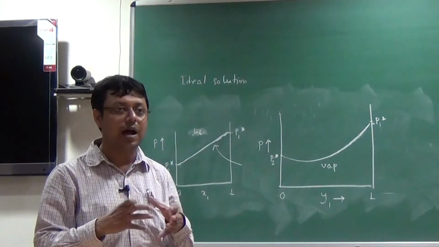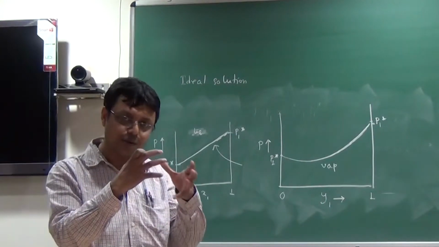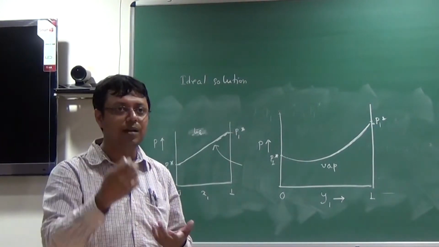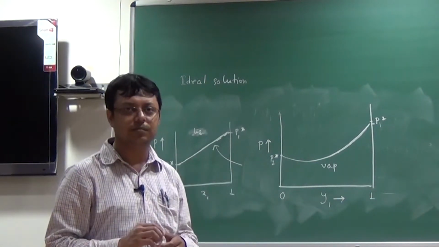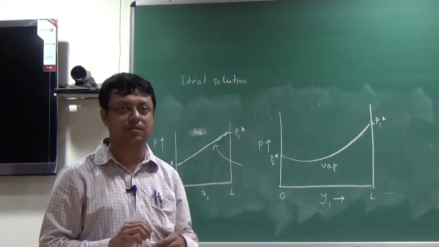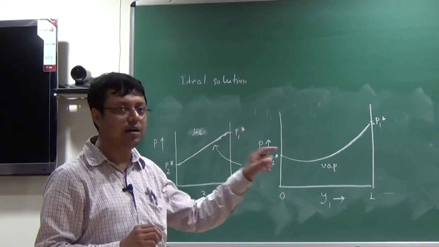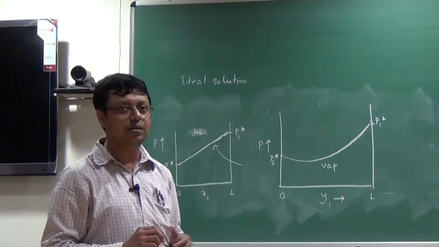But now I have something in the vapor phase also. Both 1 and 2 are present. So I could have actually looked at the vapor itself, because everything is in equilibrium. If I look at the vapor phase, the best quantity to look at is the partial pressure, because it is directly connected to the mole fraction in the vapor phase. But what I showed is that if I plot it versus y1, I have a nonlinear thing.